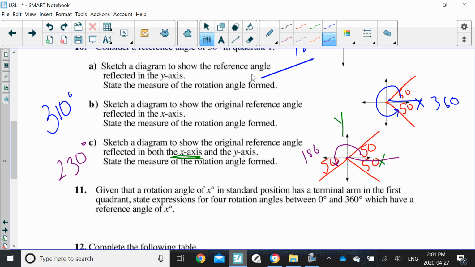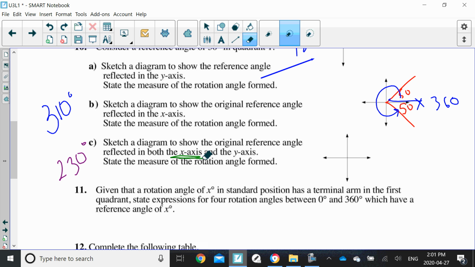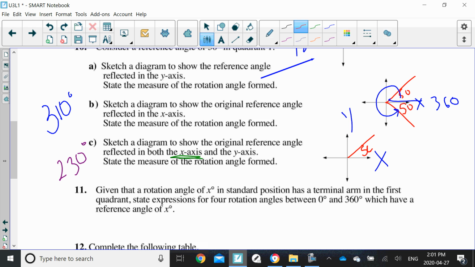I just want to show you one quick thing for C. We would get the same answer if it doesn't say do x first and then y. I'll show you how we would get the same answer if I did the opposite. So this is my y-axis, there's my x. Take your 50 degrees. Let's say first I reflected it in the y-axis. I used my y as my mirror.